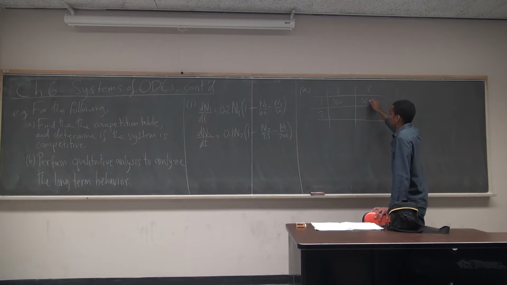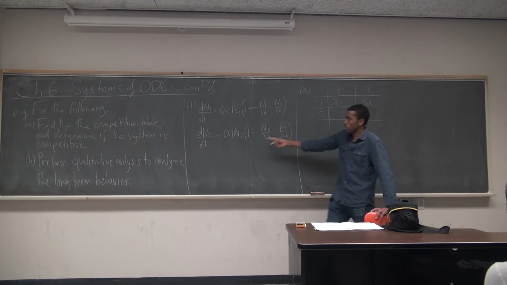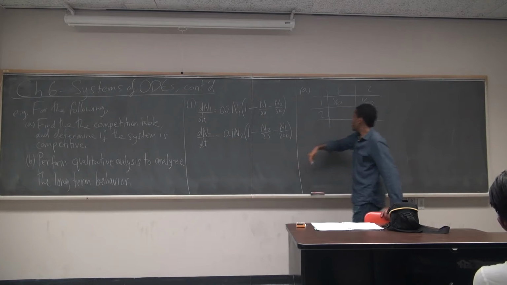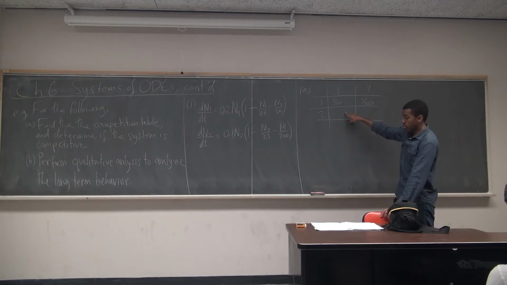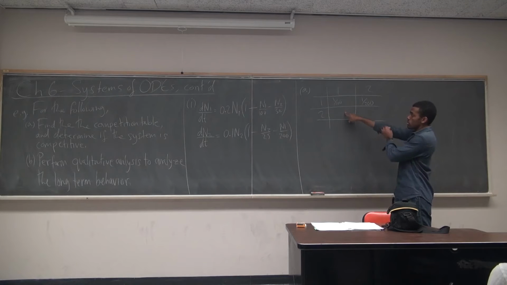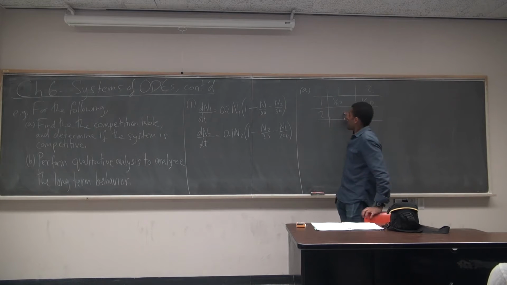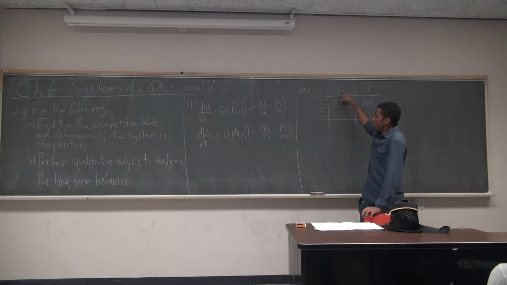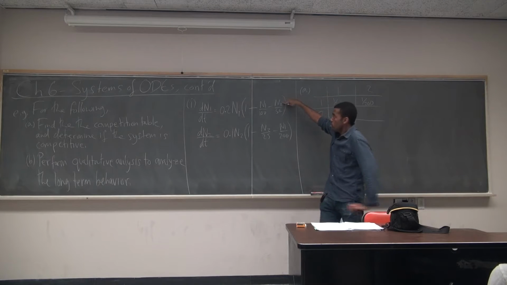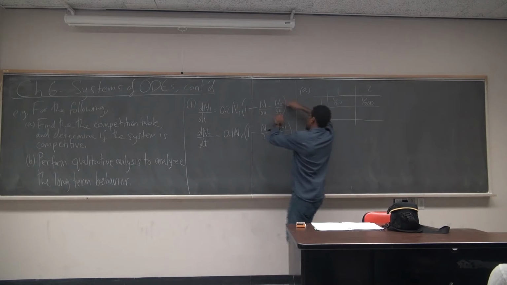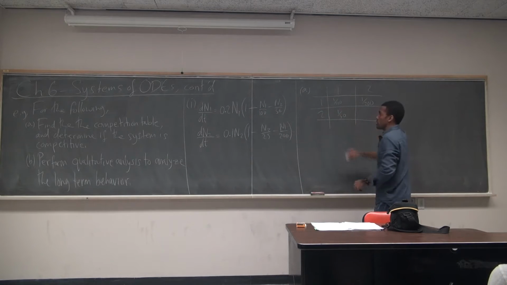This is how N1 is affecting species 2. The effect of species 2 on species 1 is 1 over 50. And now I look for 2 on itself: 1 over 25.